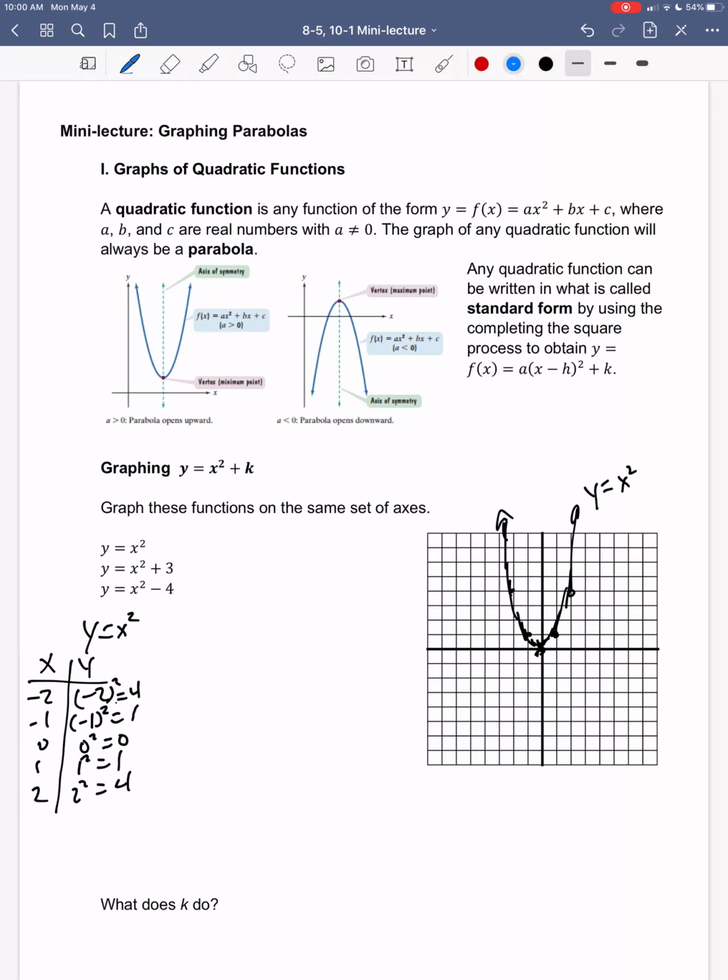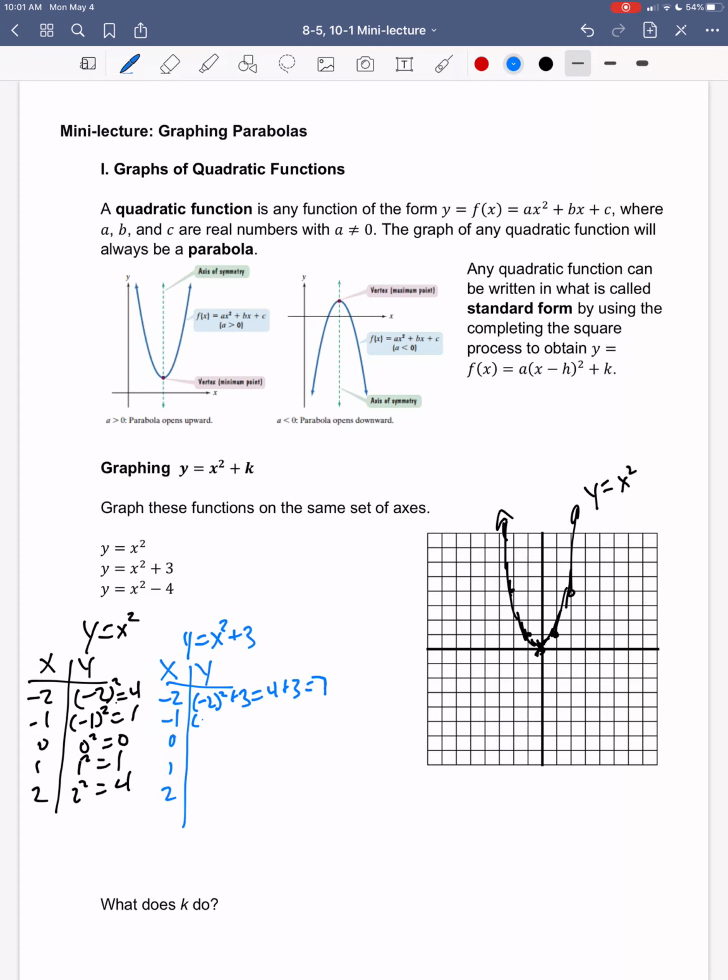Let's do y equals x squared plus 3, and let's do a different color. I'm going to take the same x coordinates: negative 2, negative 1, 0, 1, and 2. So negative 2 squared plus 3, that would be 4 plus 3, which is 7.